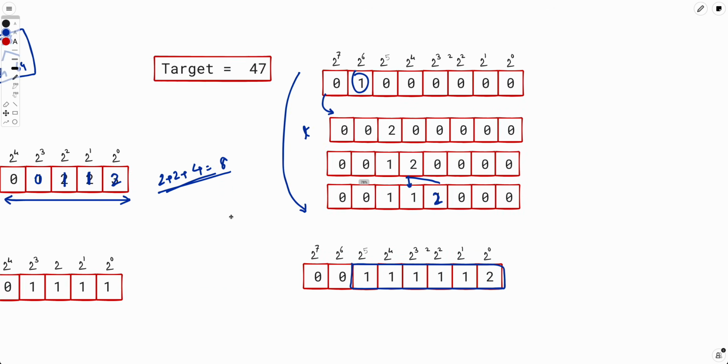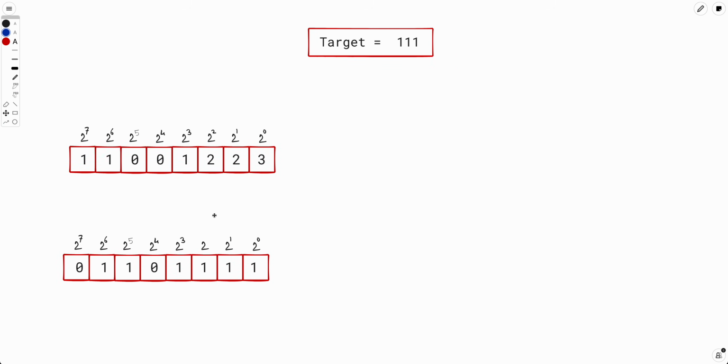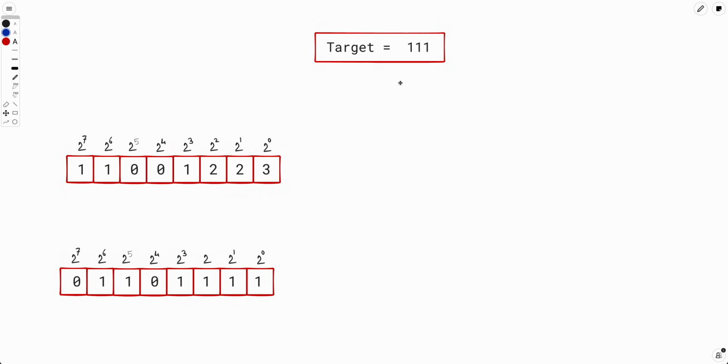Let's just take one last example to clarify a few other use cases as well. So let's say the target is 111, so you have to form something like this, right? Now you might be thinking that okay, just like previously we will convert this to 1 1 and 2, right? Now we want to form 2 power 5.